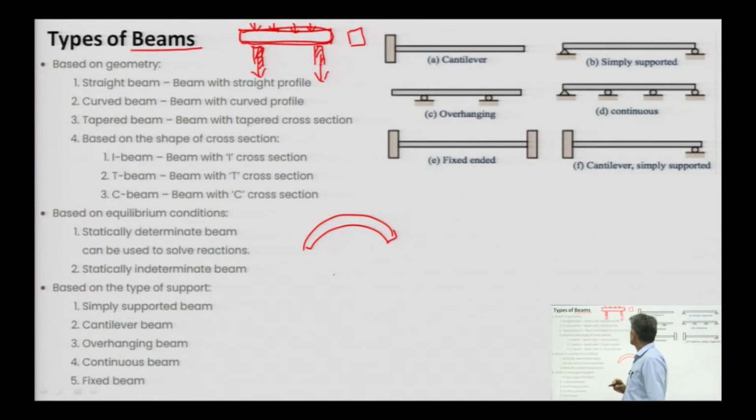In steel beams its shape can be T shape, I shape, okay. I shape is this one, I shape beam, okay.